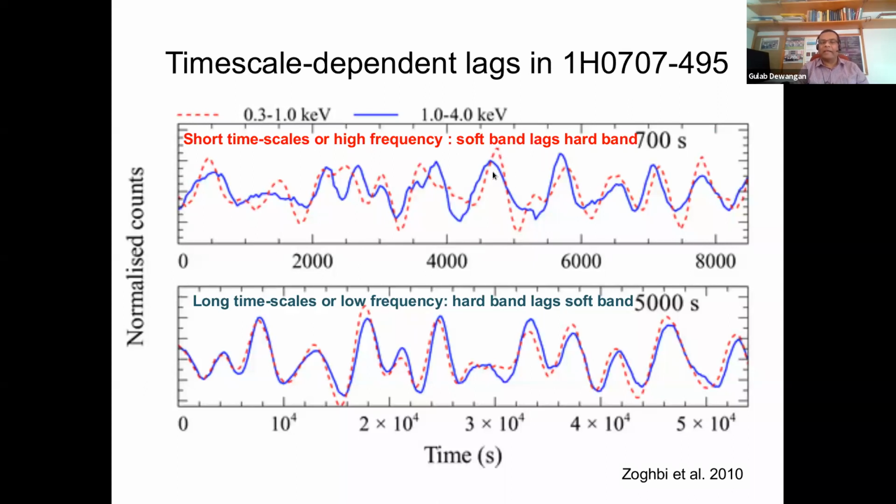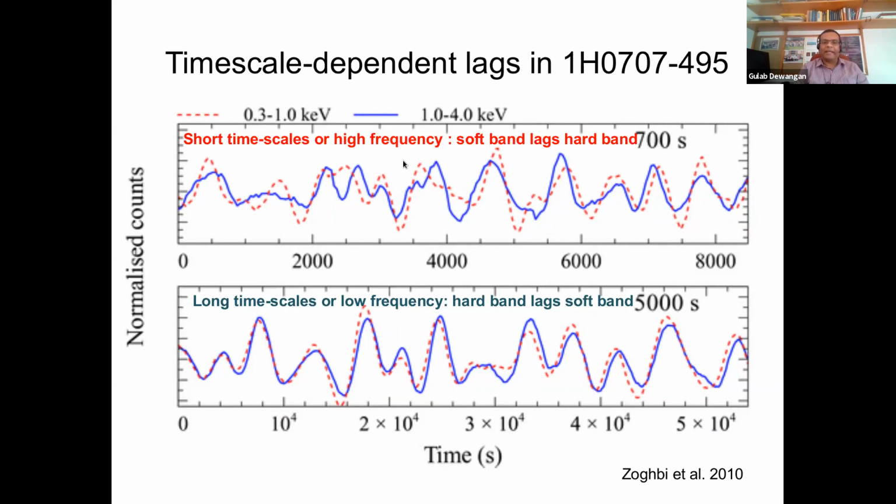Okay, so what is happening then? The X-rays are illuminating, and then the reflection is arising, and that is lagging because there is some light travel time involved. So reflection emission should lag behind, and obviously it is lagging. But if you look at the longer time scale variability, in that case, it is the soft band which is leading.